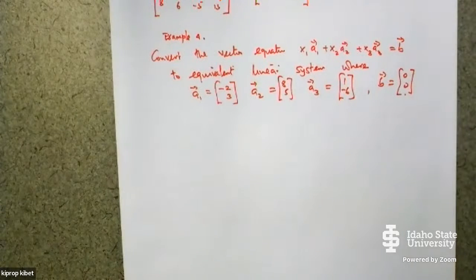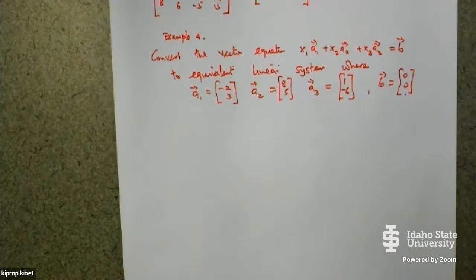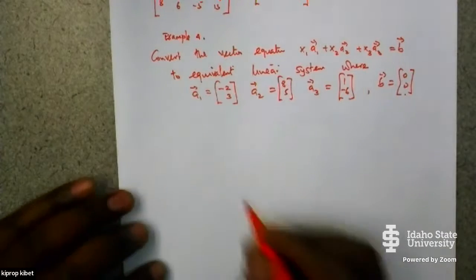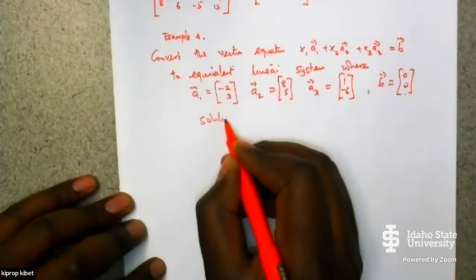So how can we convert that to an equivalent linear system?